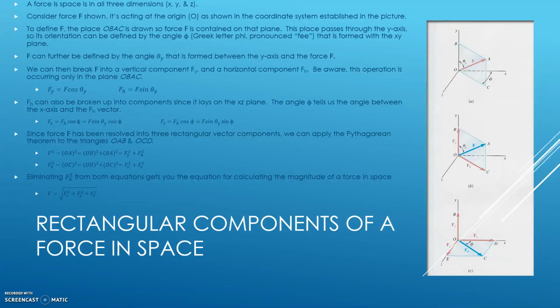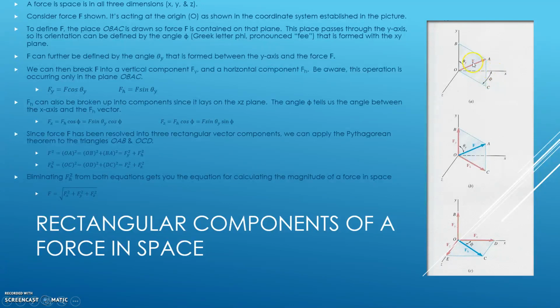It passes through the y-axis, so its orientation can be defined by the angle phi, the Greek letter phi. That is how far away that plane is rotated from the xy plane.